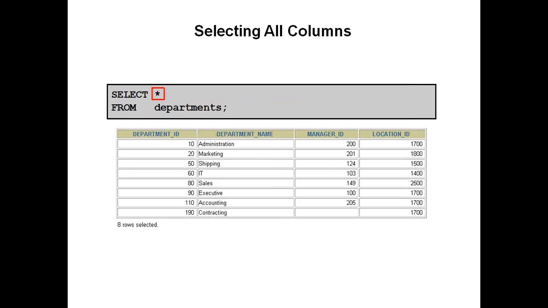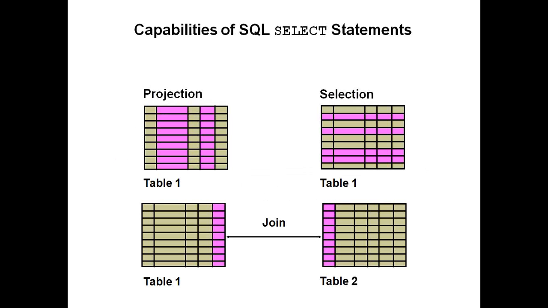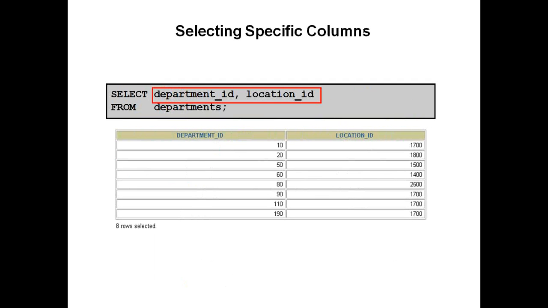Retrieving specific columns is projection, and here also we are doing the same. From the departments table we retrieve only two columns, so that is why this type of selection is called projection.